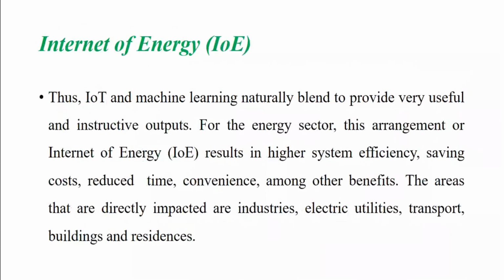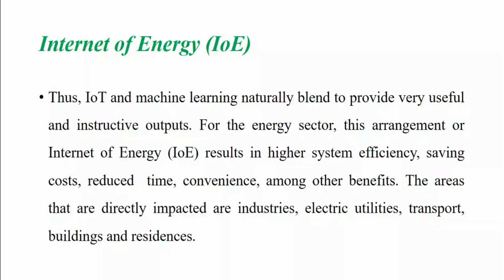Nowadays, based on the Internet of Things in the energy sector, one term has come up, that is IoE, Internet of Energy. Hence IoT and machine learning naturally blend to provide very useful and instructive outputs.